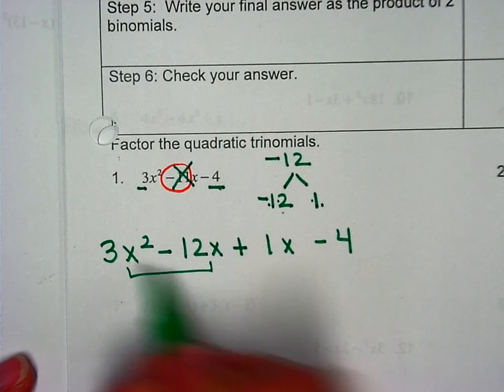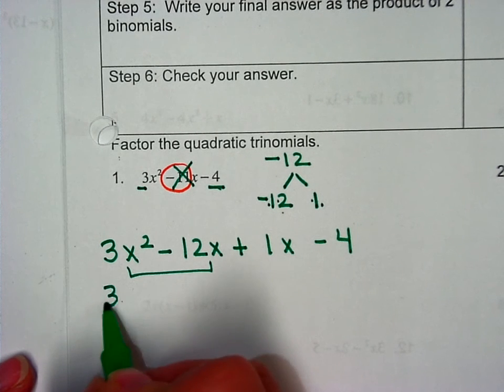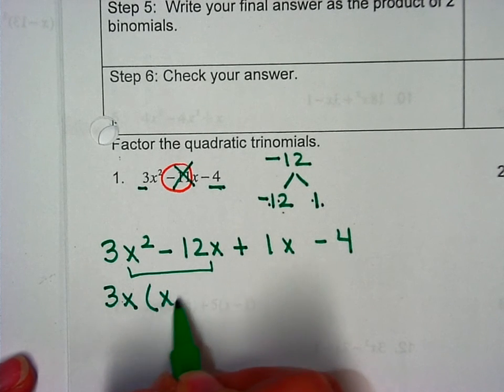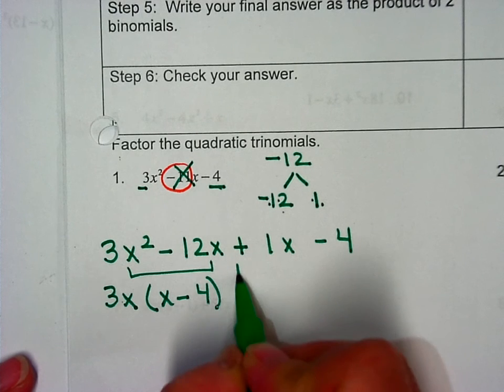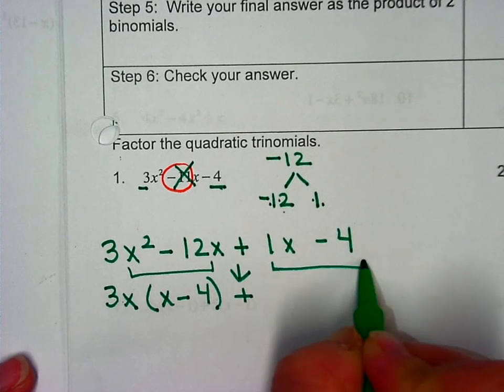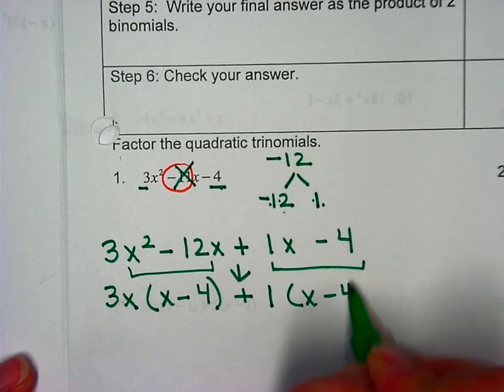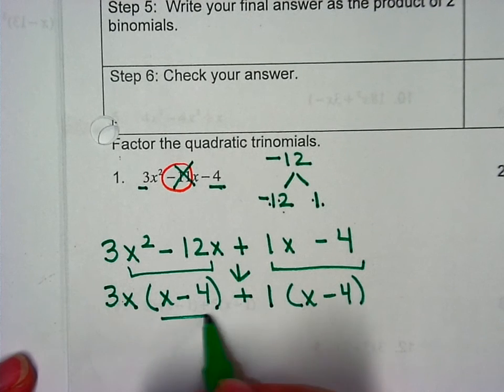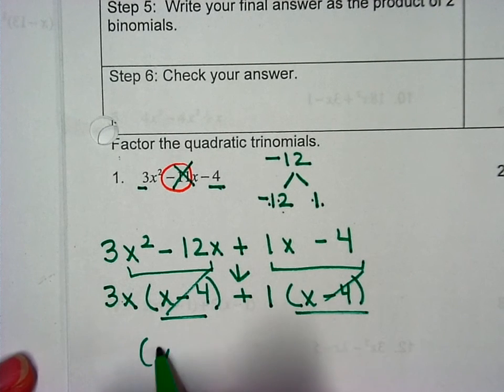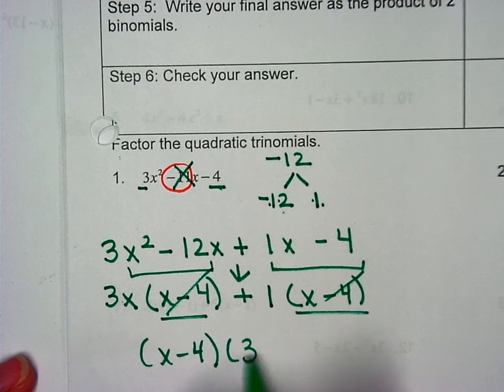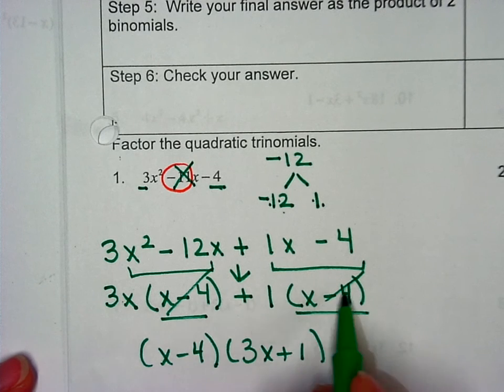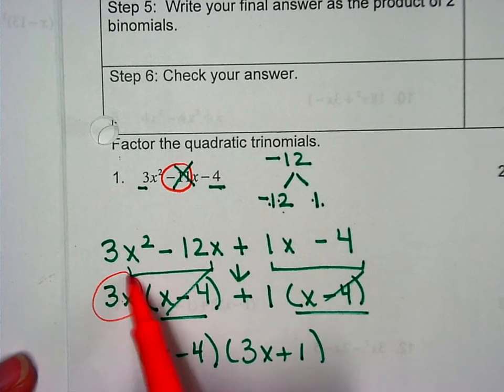What's the GCF in the first two? 3x times x minus 4. Bring down the sign, plus. I don't see anything in common, so there's a 1. I'm left with x minus 4. I see the x minus 4s are the same, so your final answer should always be 2 parentheses. X minus 4, and then you have this 3x plus 1.